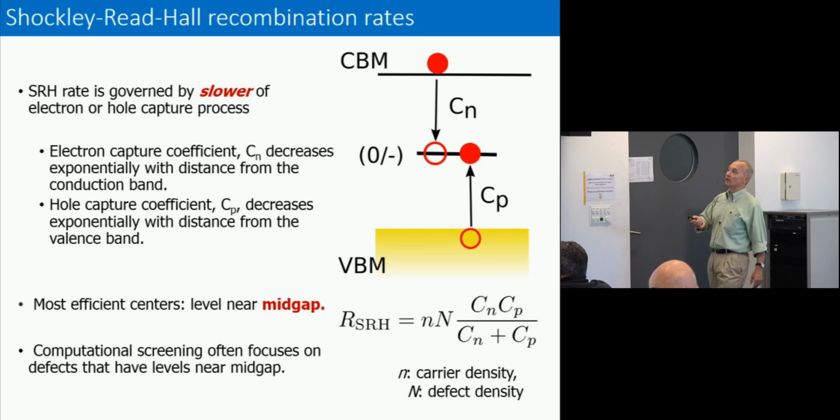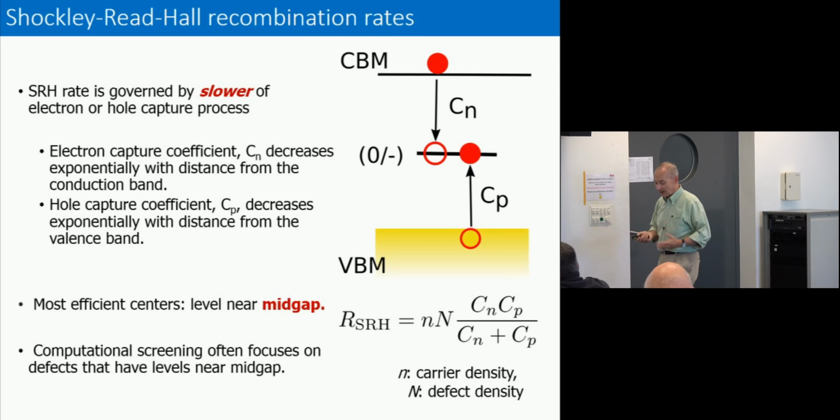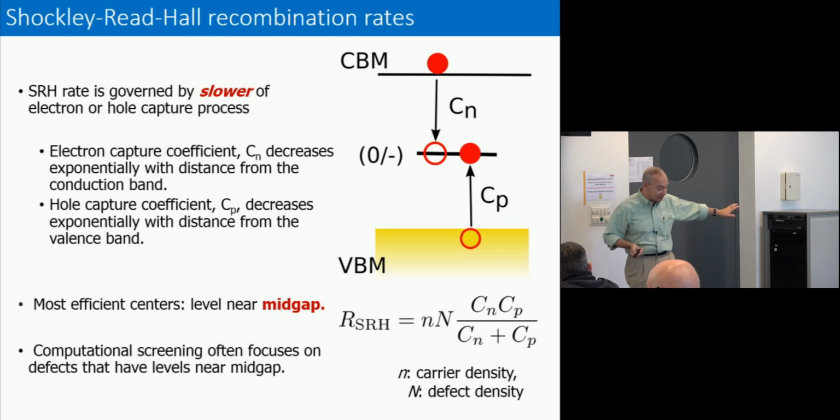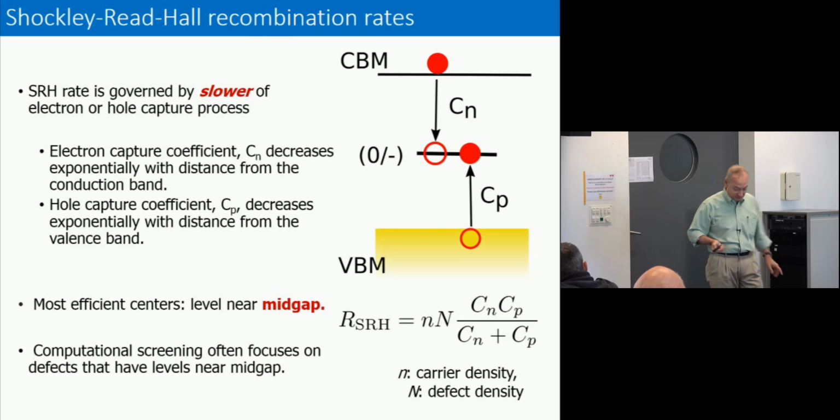So, in order for both of these processes to be balanced, you have to look at the overall rate of Shockley-Read-Hall recombination, which in two lines of math you can find looks like this, an expression that shows that, yes, the rate is going to be limited by the slowest of the two processes.